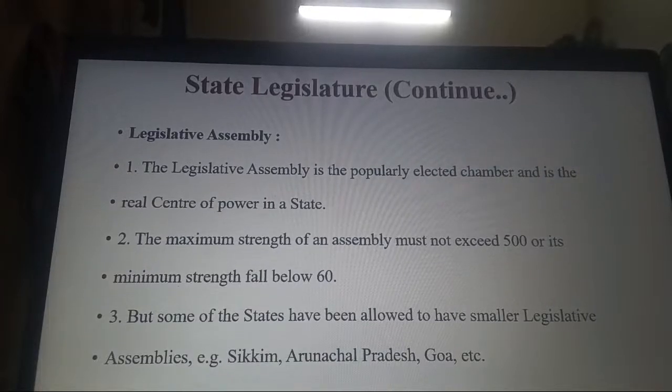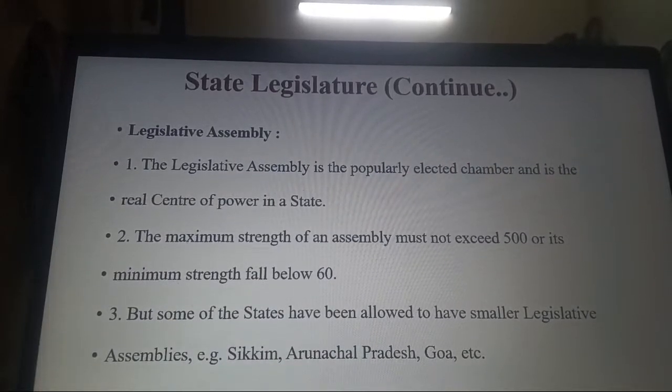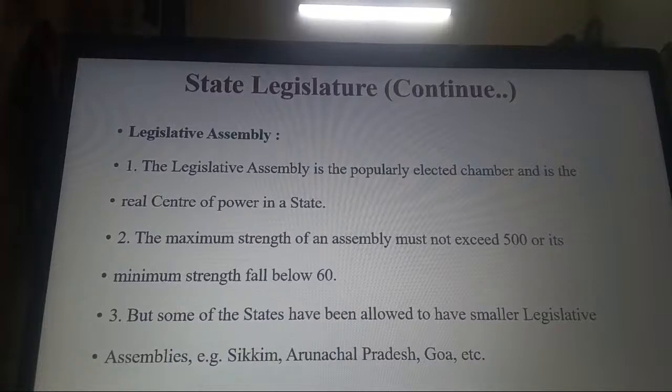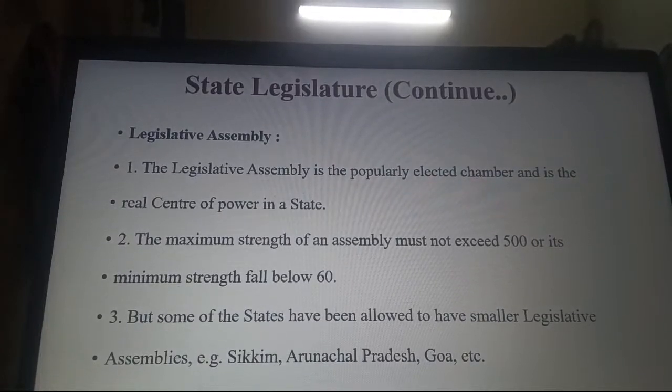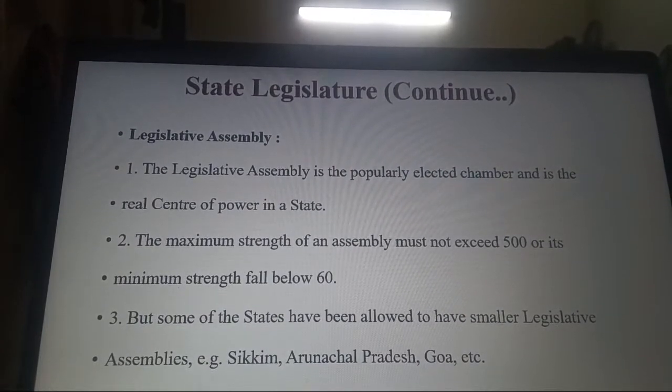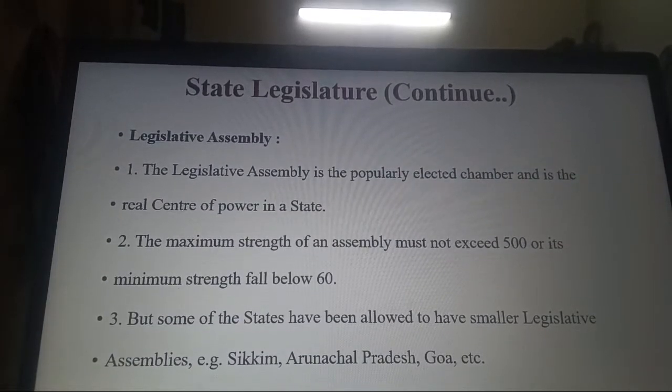The maximum strength of an assembly must not exceed 500 or its minimum strength fall below 60. But some states have been allowed to have smaller legislative assemblies, that is, Sikkim, Arunachal Pradesh, Goa, etc.